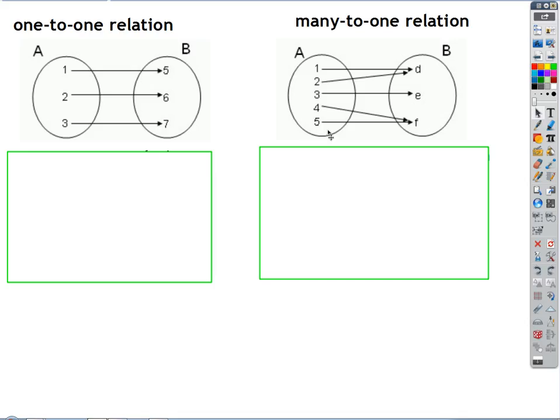What would be the graphical manifestation of that idea of a many-to-one? What are you going to see? Let's look at a one-to-one graph versus a many-to-one graph. And I want you to tell me what's going to be unique about both of those. What distinguishes one from the other?